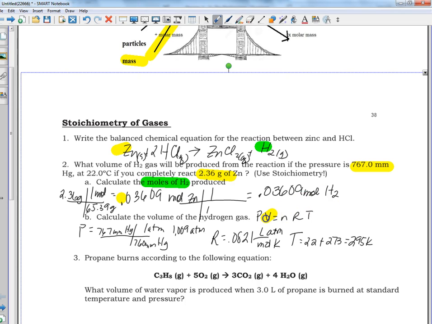We're solving for volume, so we're going to do nRT over P. 0.03609 moles of hydrogen times the R value, 0.0821, times our temperature, 295, divided by our pressure, which was 1.009 atmospheres. Okay, and you can punch the numbers in.